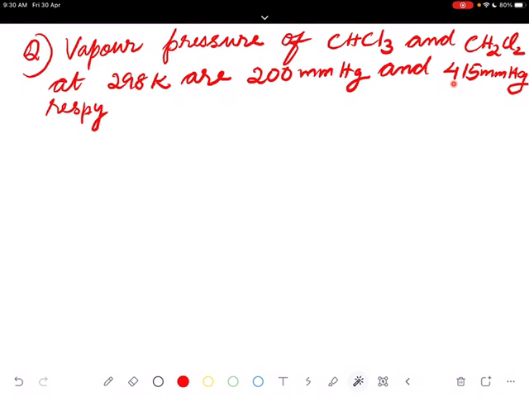See, 415, and this is only 200. CHCl3 is P naught A, that is 200, and CH2Cl2 is 415. The pure component's is higher, respectively.